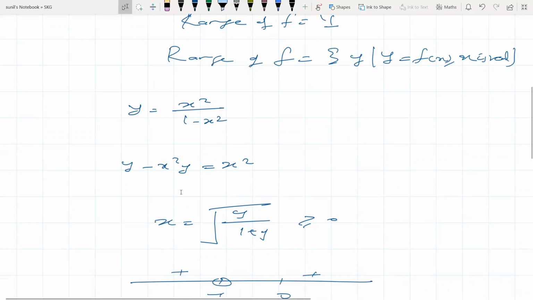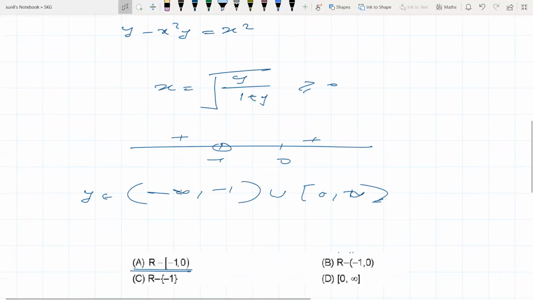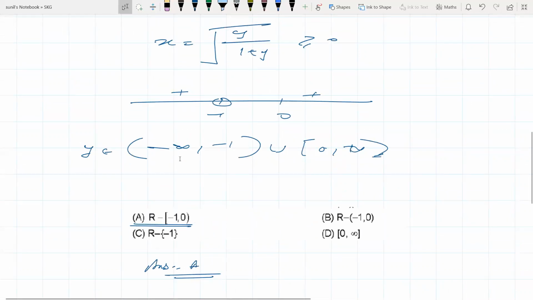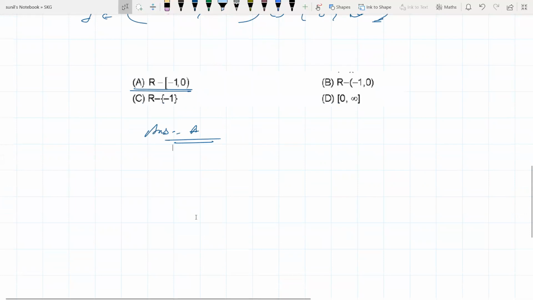After cross multiplying, y is the collection minus infinity to minus 1 union 0 to infinity. So 0 is included, minus 1 is not included, so we can subtract the interval closed-open minus 1 to 0 from the set of real numbers. This is the first problem, I mean the 61st problem they gave.